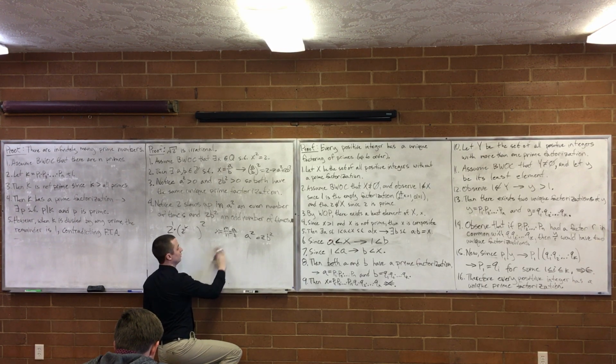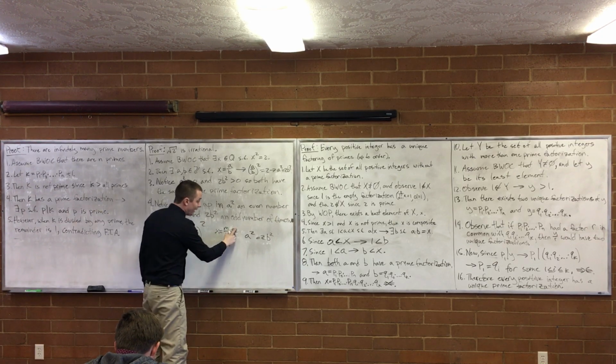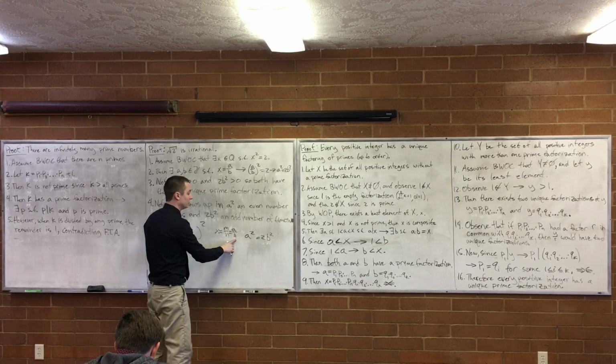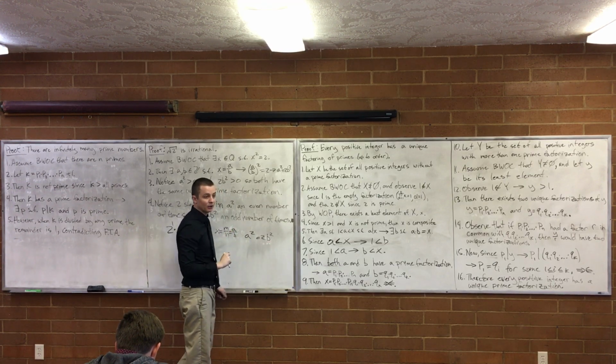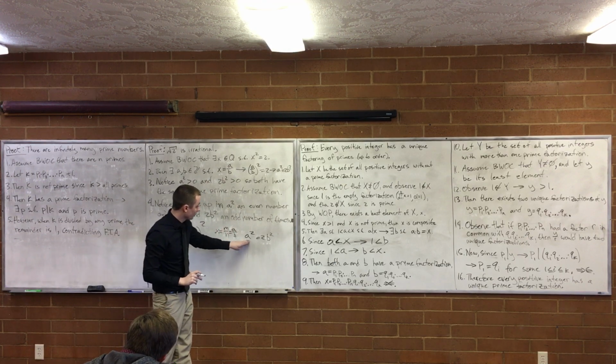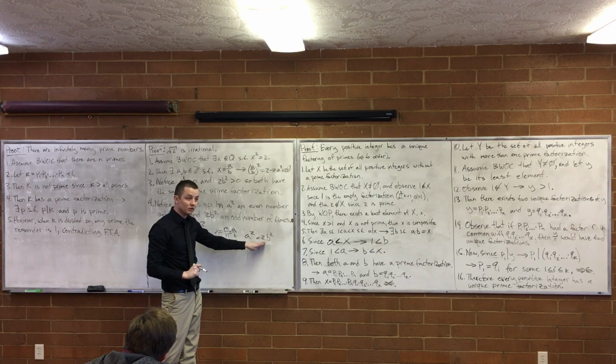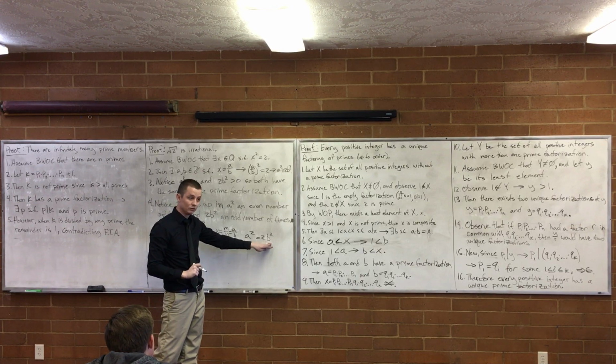Can they both be odd? They can both be odd, but at least one of them has to be odd. Because the square of an odd is still odd. So either a squared is odd or b squared is odd, right? But a squared is even because it's equal to 2 times something.